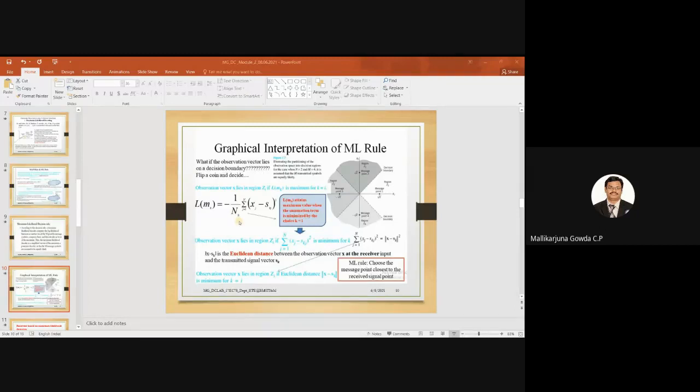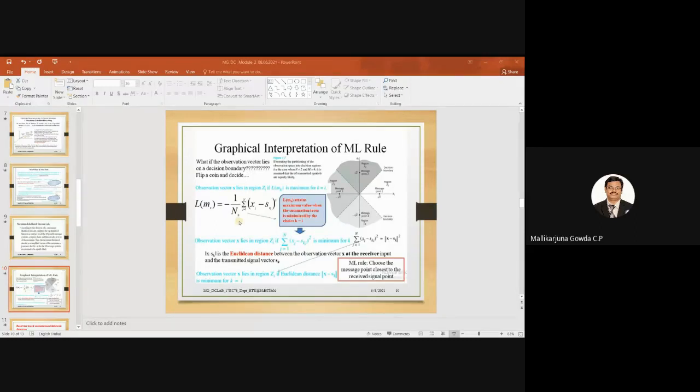Fine. So here what I wanted to say is, how do I interpret the maximum likelihood rule with respect to this graphical interpretation? This is my log likelihood function. The observation vector x lies in the region Zi. I generalized here, the value of i can vary from 1 to M. Here I have taken the value of i as 4, that is why I wrote four regions, Z1, Z2, Z3, Z4.